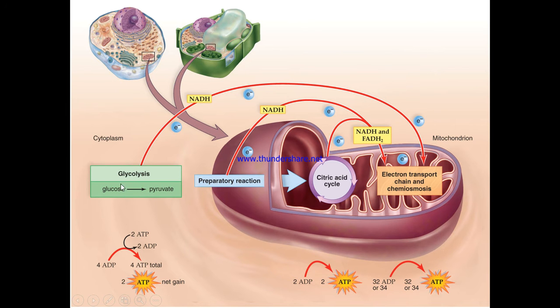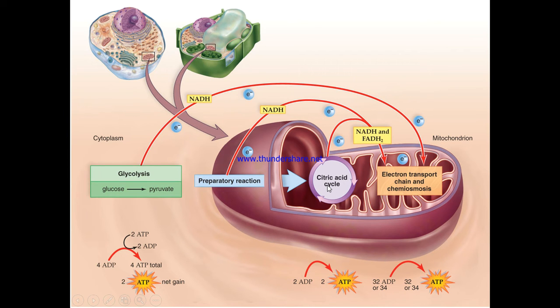The first one, glycolysis, takes place outside the mitochondria in the cytoplasm, specifically in the cytosol. The glycolysis reaction is an anaerobic reaction, but cellular respiration inside the mitochondria is an aerobic reaction. We have the Krebs cycle or citric acid cycle.